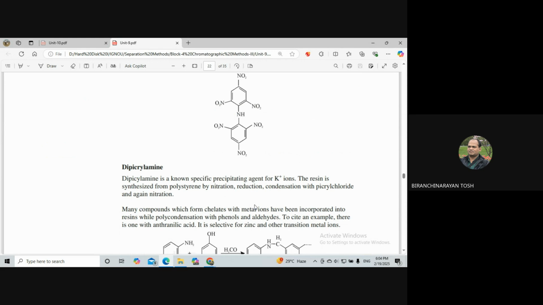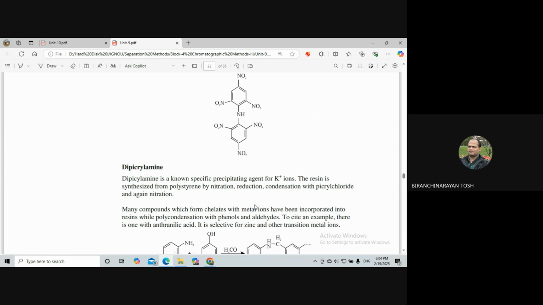The resin is synthesized from polystyrene by nitration, reduction, then condensation with picryl chloride and again nitration. Many compounds which form chelates with metal ions have been incorporated into resins by polycondensation with phenol and aldehydes.